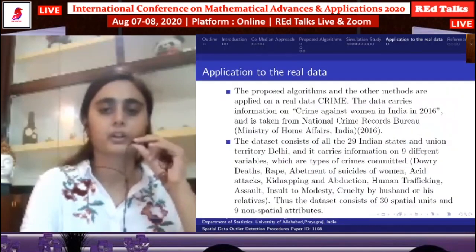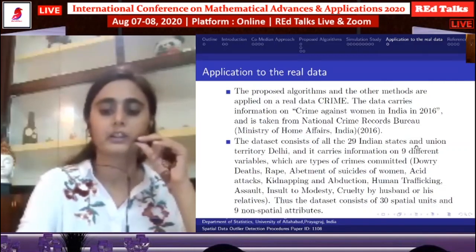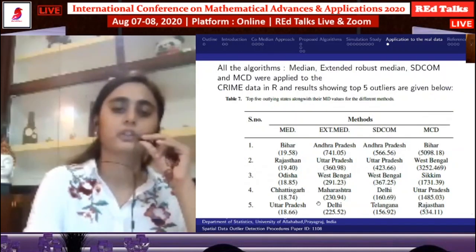So these proposed algorithms and the existing algorithms were applied to the real data, which was taken from the National Crime Records Bureau, and it contained information on 29 Indian states on 9 different variables. And these were the top 5 outliers detected for each of the algorithms.